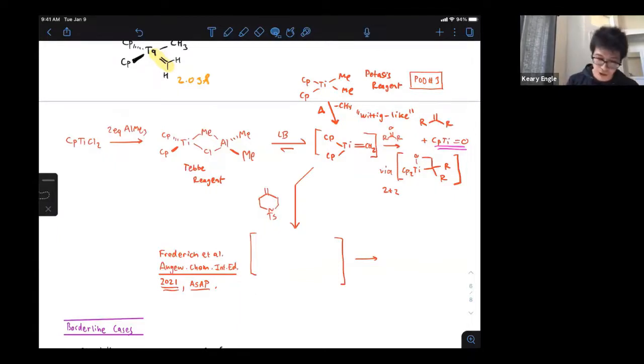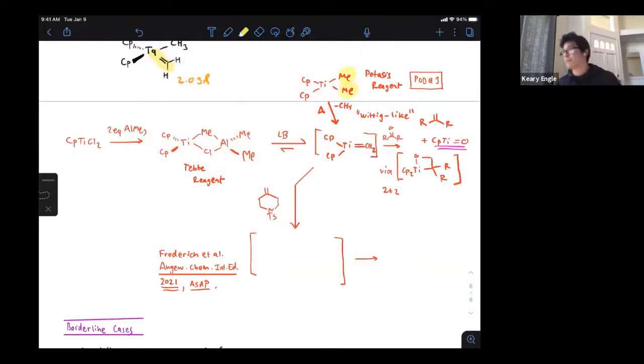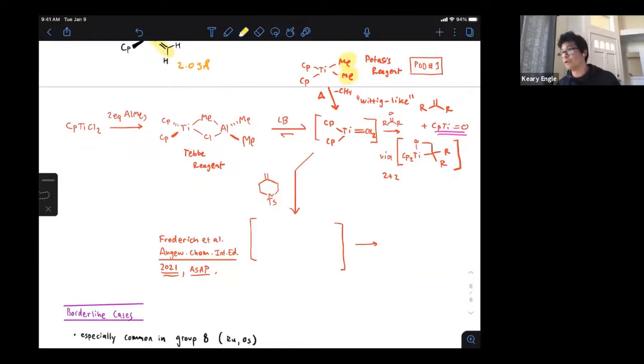Another advantage of the Petasis reagent in comparison to the Tebbe reagent is that it's much more modular, in the sense that it's easy to vary this methyl group to an ethyl group to a propyl group, because you're just adding that in the form of an organometallic. Whereas there are relatively few trialkyl aluminums that are commercially available, for instance.